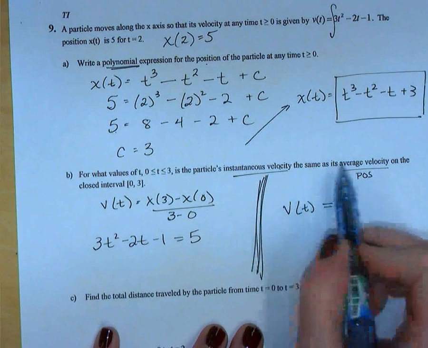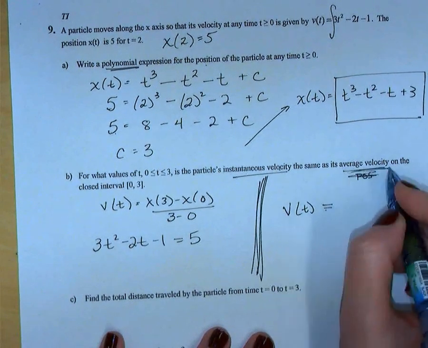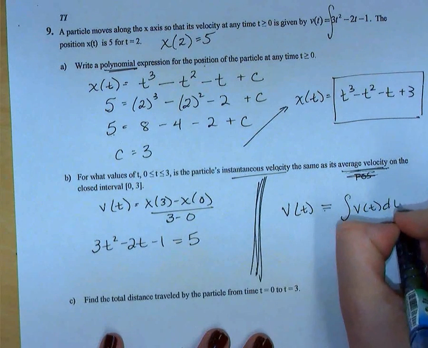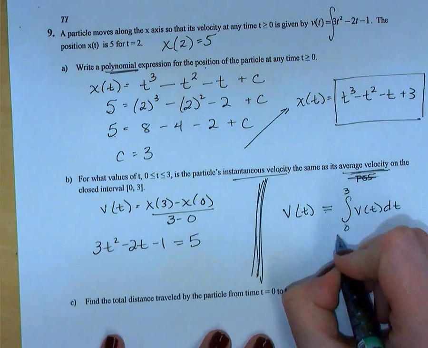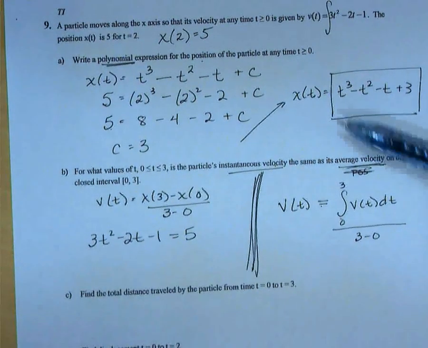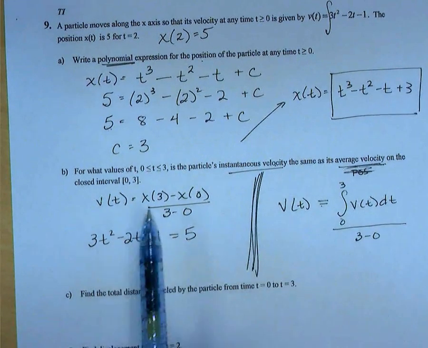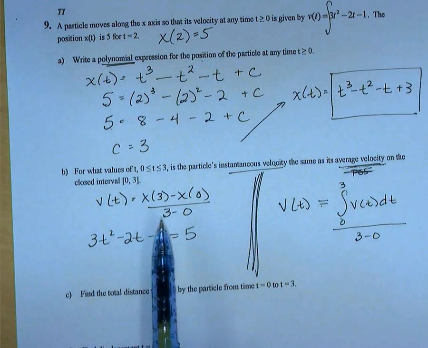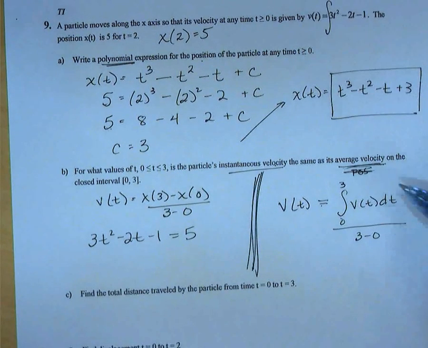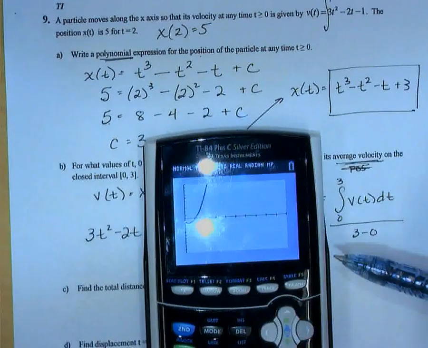Now, your other option, if you recall, instantaneous velocity is velocity. I want that to be equal to the average velocity. If I want average velocity, then I integrate velocity over my interval and I divide upper limit minus lower limit. So now I have options here because I can do this on my calculator. I also have the position function, so I can do slope of the secant if I want to. I already have velocity on my calculator.